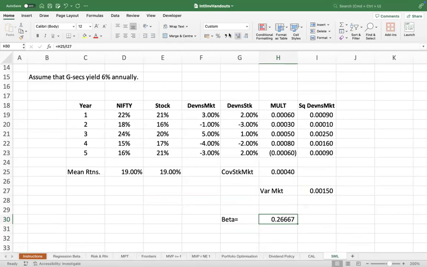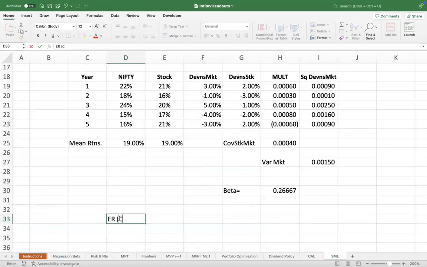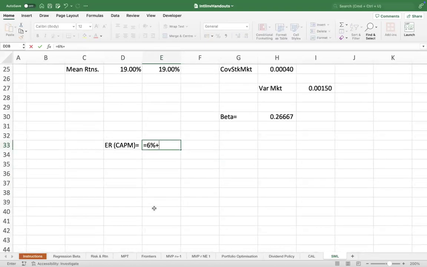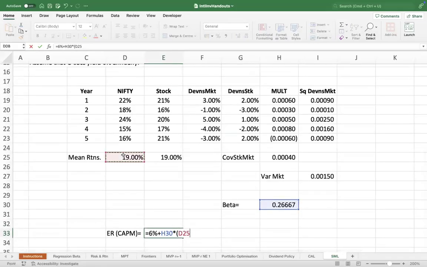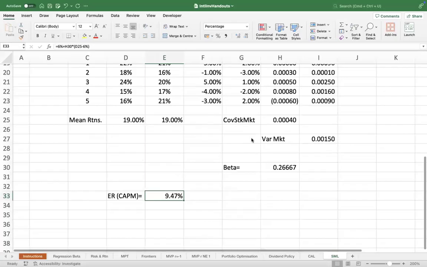So now that you have it, you can get the expected return using the CAPM model, which will be the risk-free rate of return given to you in the question as 6% government security yield, plus beta times the market risk premium, which is the average return that Nifty gives you minus 6%. So you get the expected return to be 9.47%.